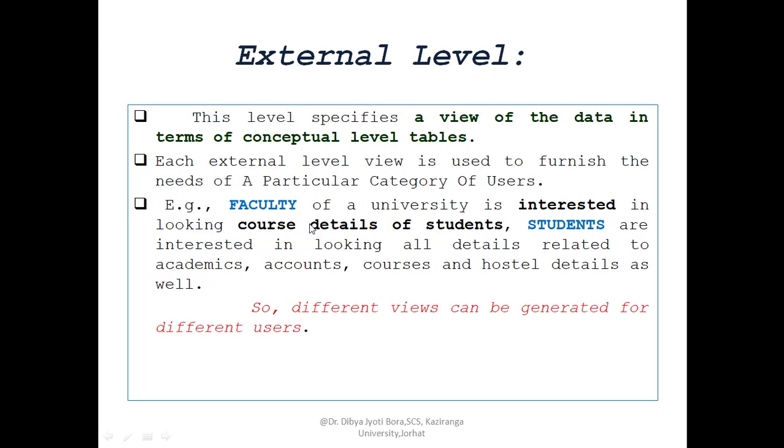So faculty wants a different portion of the database, isn't it? Similarly, students also want to look at the details from a different perspective. So different views need to be generated as per the need, and views are nothing but virtual tables. So at the external level, we deal with views.